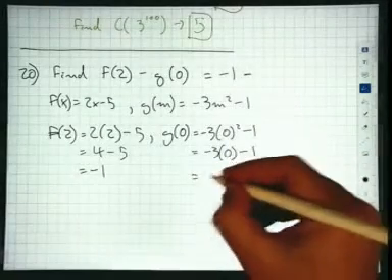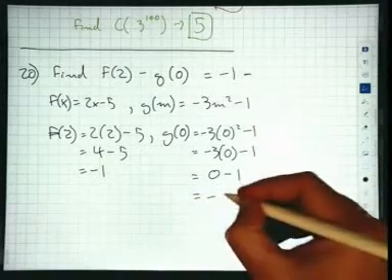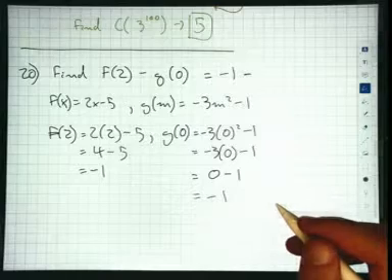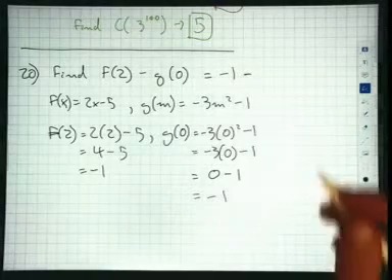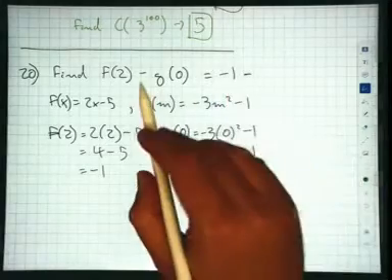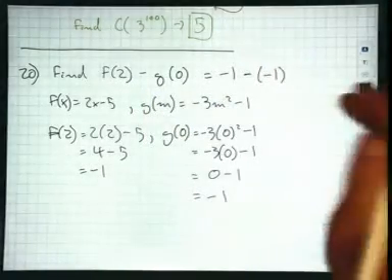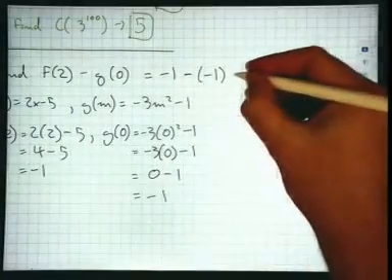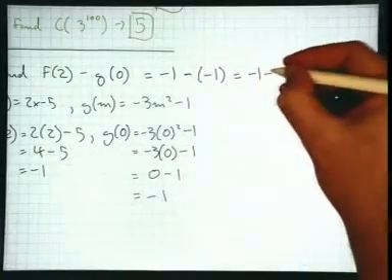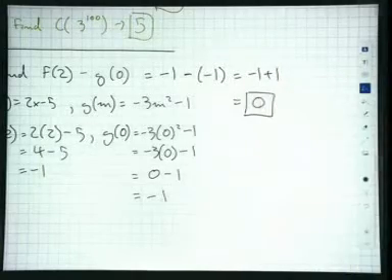Negative 3 times 0 is still going to be 0, minus 1, which is a negative 1. So we have f at 2, which is a negative 1, minus another negative 1. Well, that comes out to be a negative 1 plus 1, which is equal to 0.